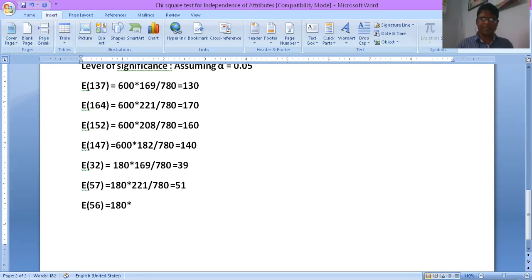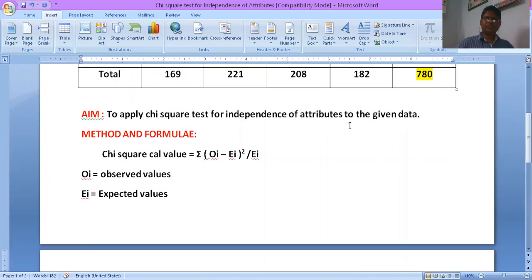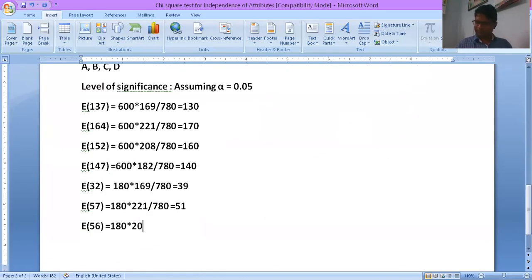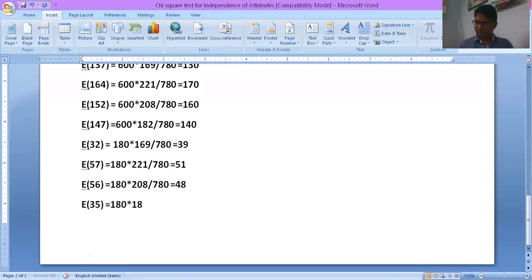Corresponding value is 180. Vertically the total is 208 divided by 780, and the value is 48. Next, E of 35. Last value is 180. Vertically the value is 182.